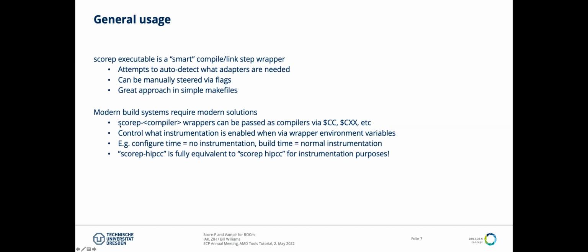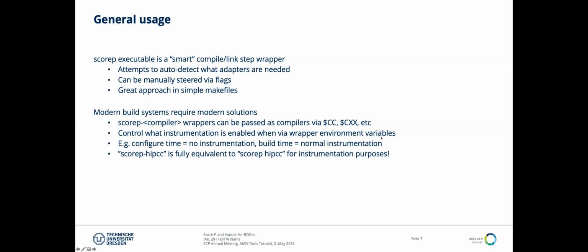So we also have these wrapper scripts that are SCORE-P name of a compiler. And these are suitable for passing via your standard compiler specification to autotools, to CMake, whatever. And the point of these scripts is that you can control what instrumentation gets enabled when, based on environment variables.